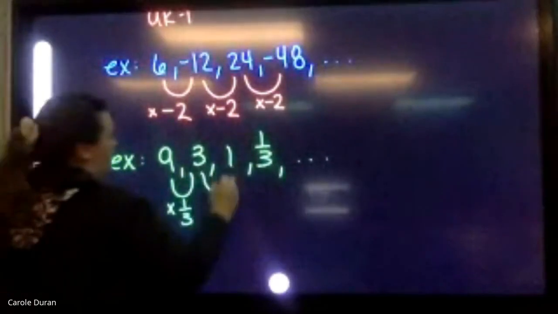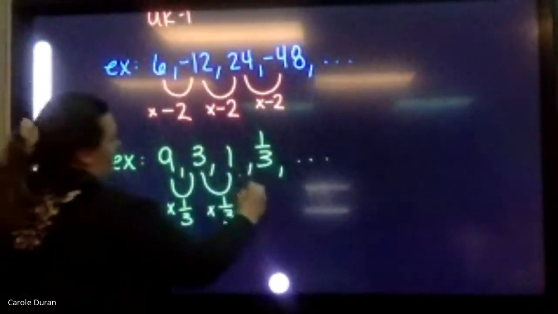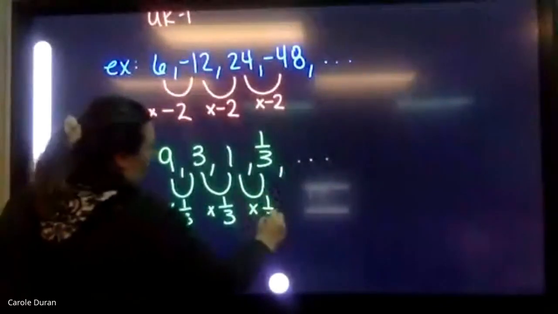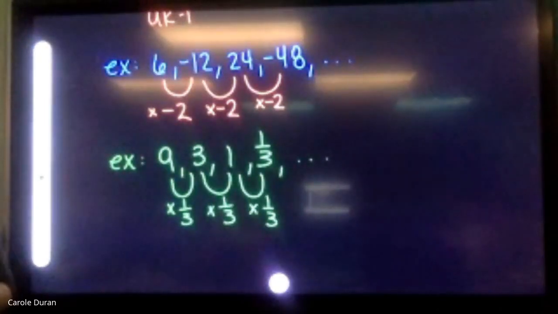I still multiply by 1/3, which is the same as dividing by 3. And then from term 3 to term 4, same thing. So each time I'm dividing by 3, which is the same as multiplying by 1/3. That is the biggest mistake I see happen a lot, is that kids will say dividing by 3, and they'll use the whole number 3 as a ratio instead of the fraction 1/3. Everyone okay so far? So really everything's multiplication.